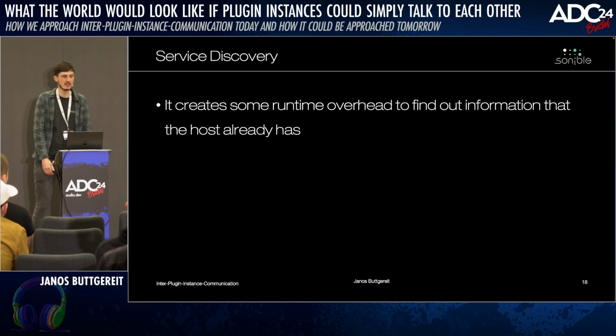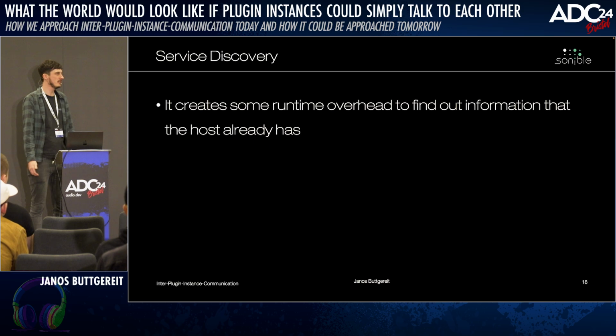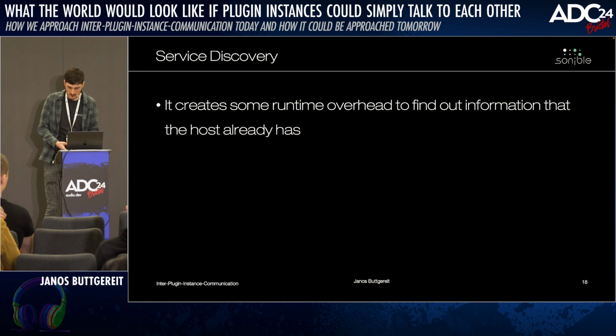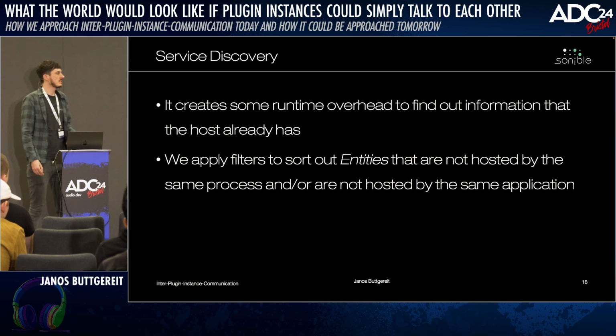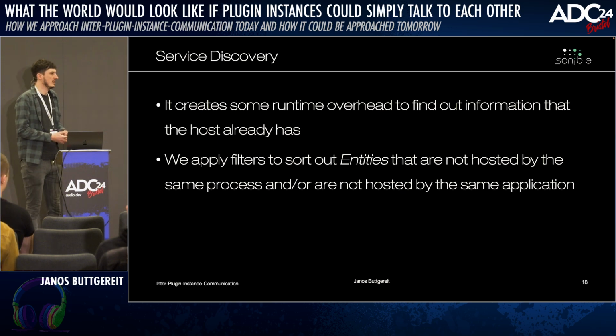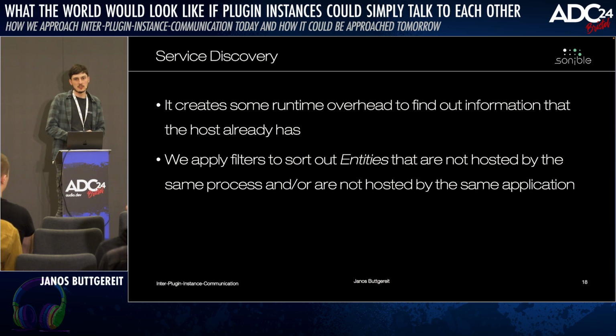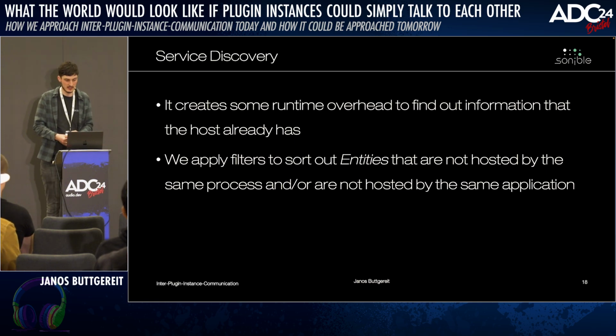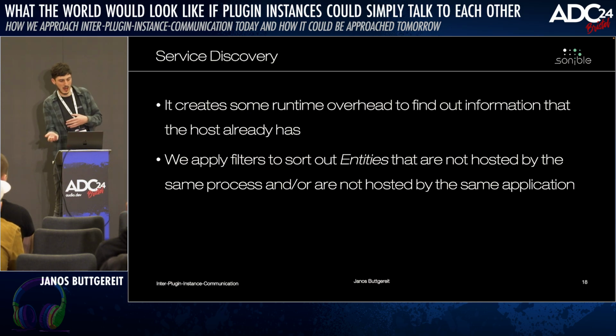But it creates a ton of runtime overhead to find out information that the host already has. So why do we have to do this? Or couldn't we just ask the host? And that gets even trickier. So we somehow need to filter what we want to see in our service discovery. And a sensible filtering approach to us was then, after trying some approaches, filtering entities that are hosted by the same application or the same process.